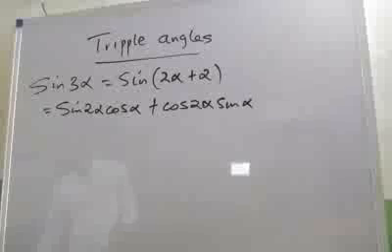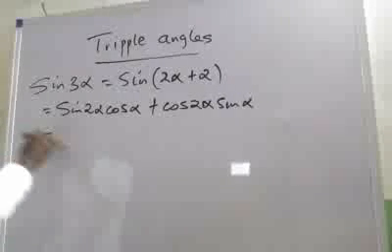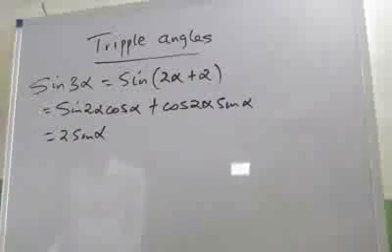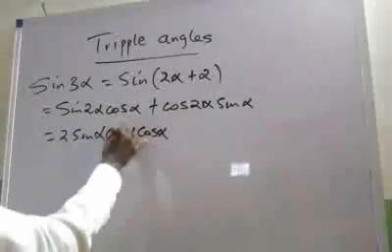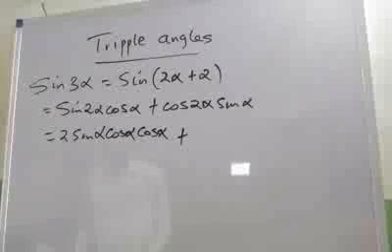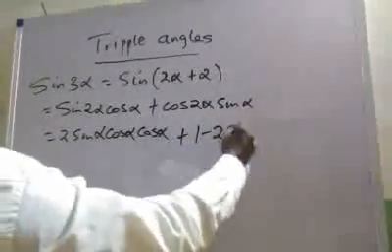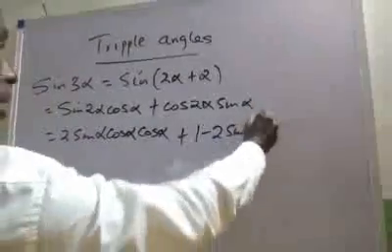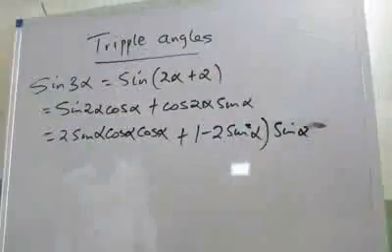If we expand this, this will give us 2 sine alpha cos alpha times cos alpha, plus, here you have cos 2 alpha, that will give you 1 minus 2 sine square alpha, from our previous study, times sine alpha.